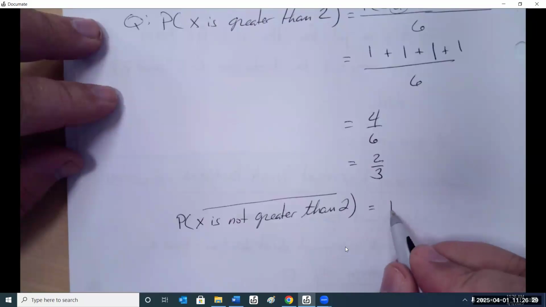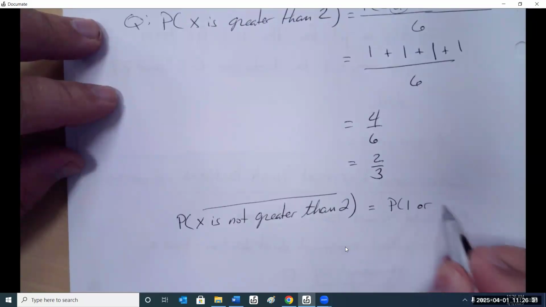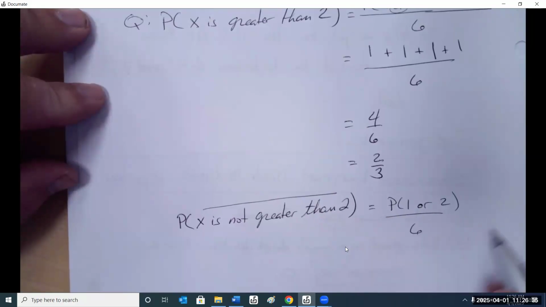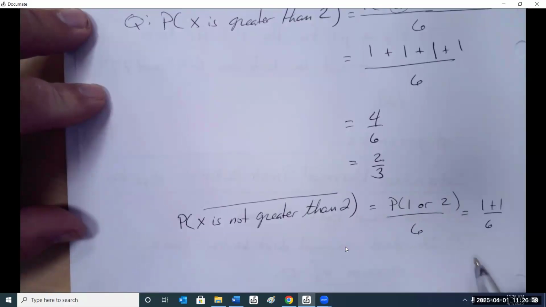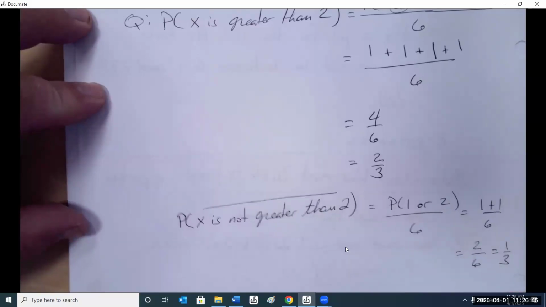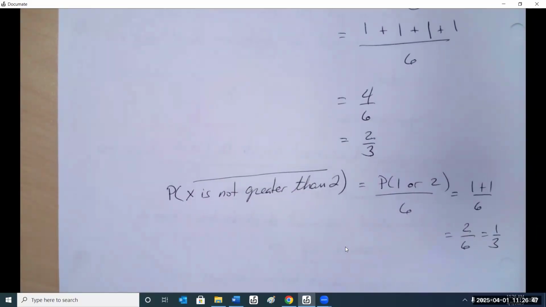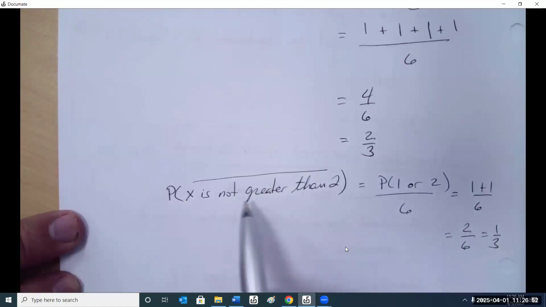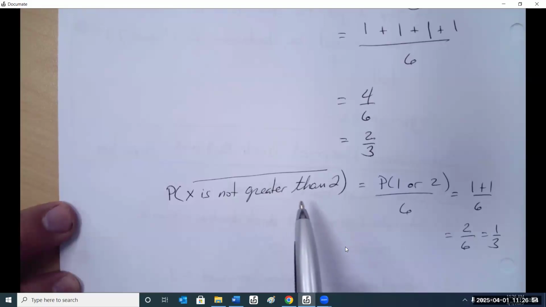So it means the probability of getting a 1 or a 2 out of 6, so 1 plus 1 out of 6, 2 out of 6, which makes it 1/3. We don't want 2 or smaller.